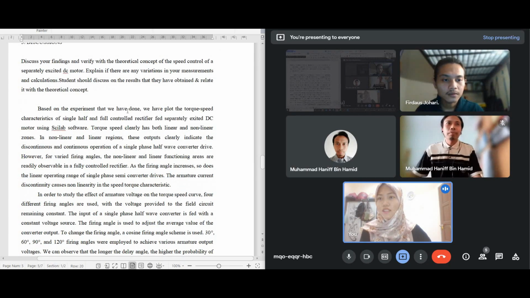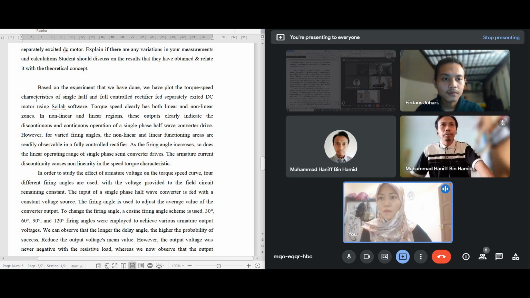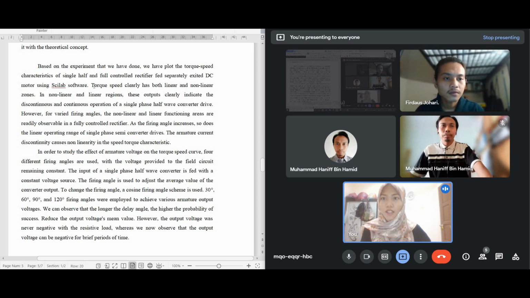For the discussion, it is based on the experiment. So we have plotted the torque speed characteristic of single phase half and full control rectifier fed separately excited DC motor using Scilab software. And the torque speed clearly has both linear and non-linear zones.